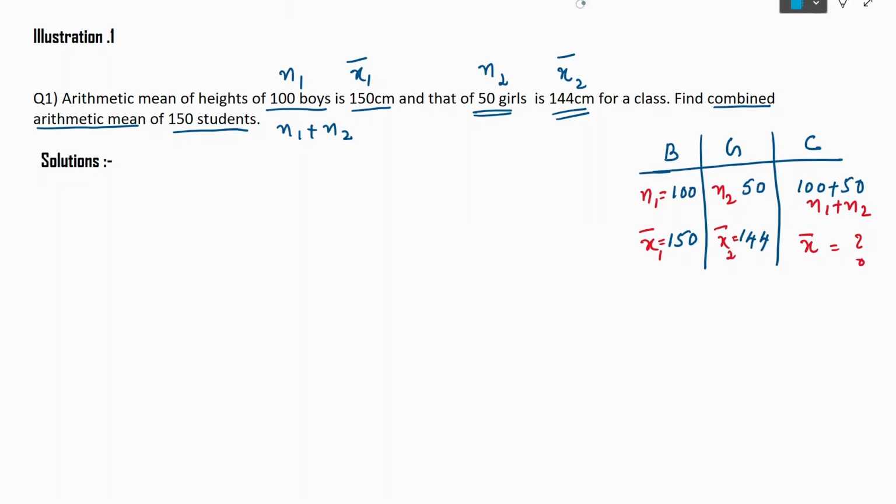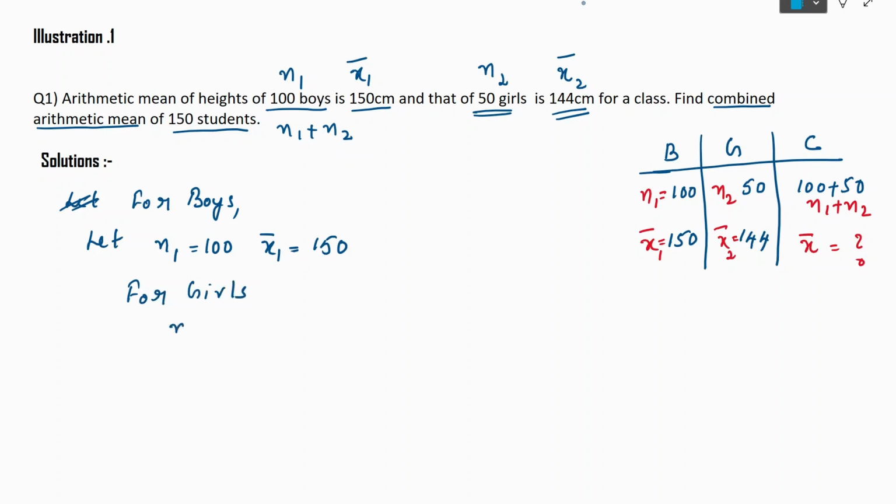Therefore, we will solve the question. Let for boys N1 equal to 100 and x1 bar equal to 150. Next, for girls, N2 equal to 50 and x2 bar equal to 144.